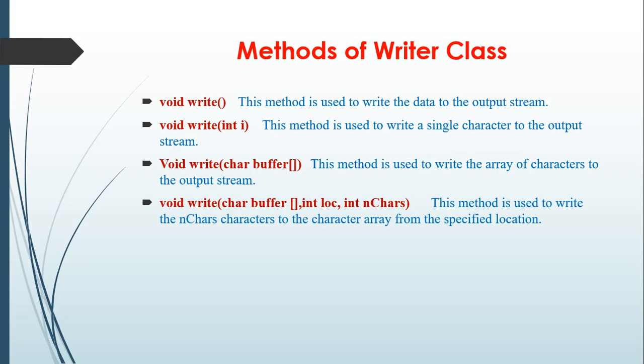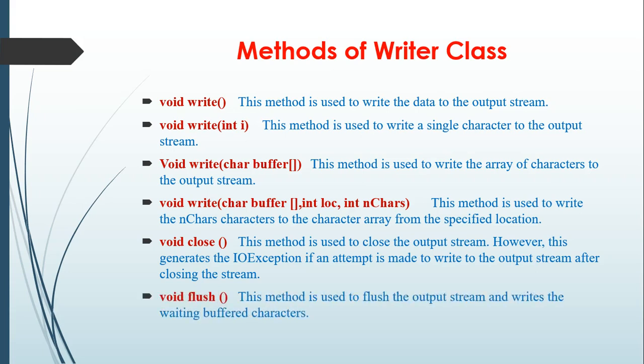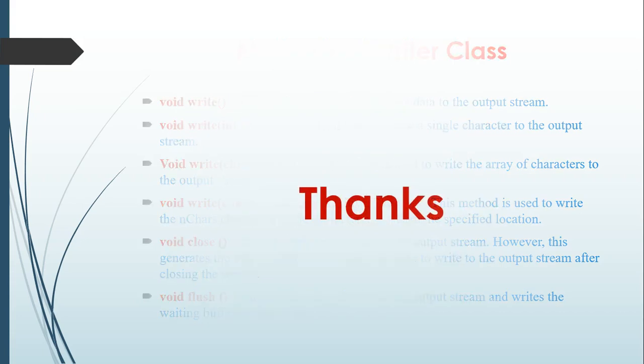This method is used to write nchars characters from the character array starting at the specified location. void close(). This method is used to close the output stream. However, this generates an IOException if an attempt is made to write to the output stream after closing the stream. void flush(). This method is used to flush the output stream and writes the waiting buffered characters.